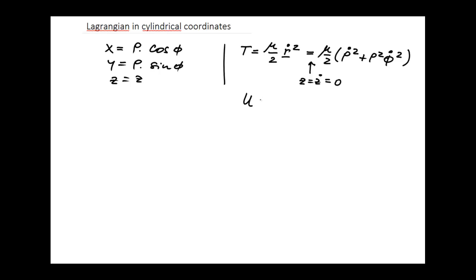The potential energy that was a function of the distance between the two bodies, again, we know the distance vector is confined to that two-dimensional plane.